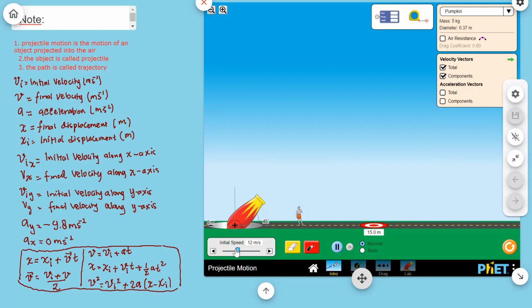So we can adjust the initial velocity or speed here. Now, you also can see there are two components of velocity.